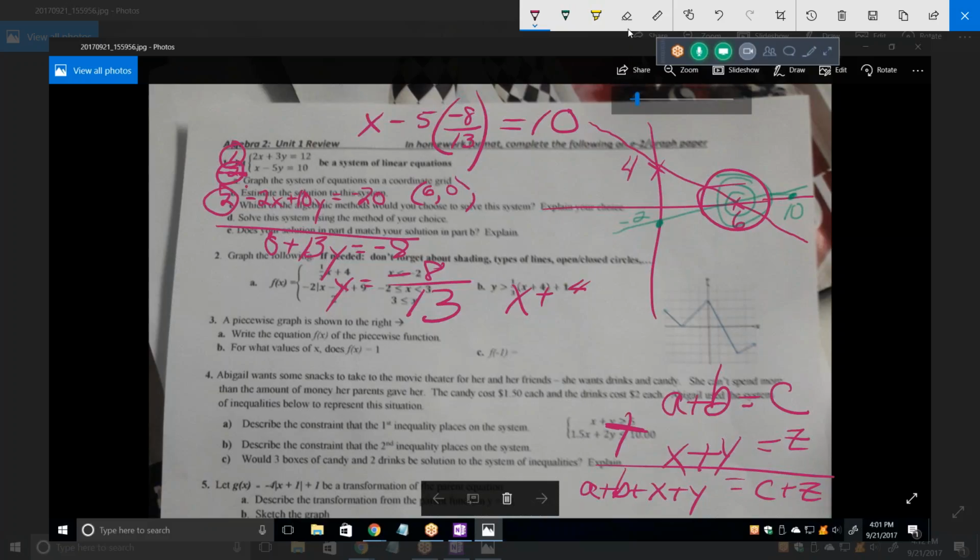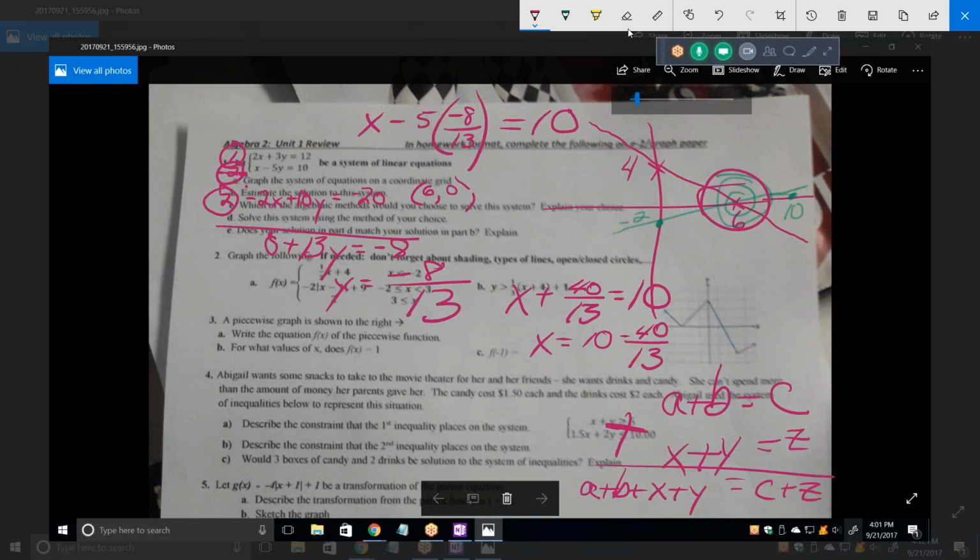So 40 over 13 equals 10. The next step: subtract 40 over 13 from 10. Can you do that without a calculator? How would you take 40/13 away from 10?